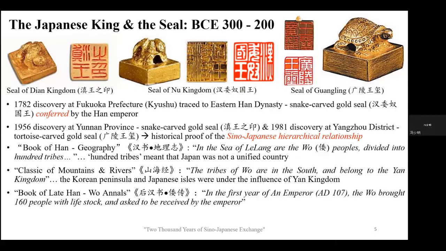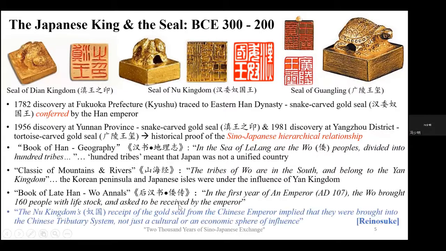For example, in the book of Late Han, the War Annals, the Japanese people in the past were not called Japan, they were called the War people. Right, and you can see for those who understand Chinese, the War Zhuan means this particular chapter in the whole Hanshu. So the king asked to be received by the emperor of China.